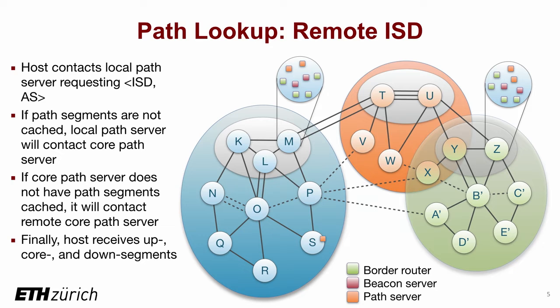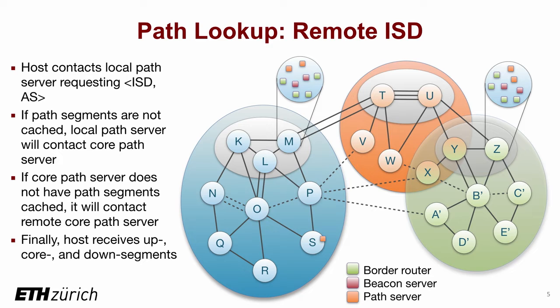We've also taken a look at how this path lookup looks for looking up an AS in a remote ISD. And again, the local path server may have all the information already stored. However, in the case the local path server does not store the core segments and the down segments from the destination AS, they have to be fetched from a core path server.